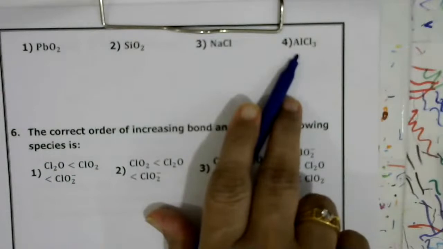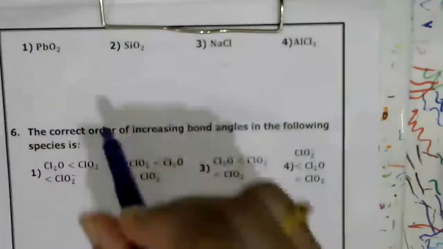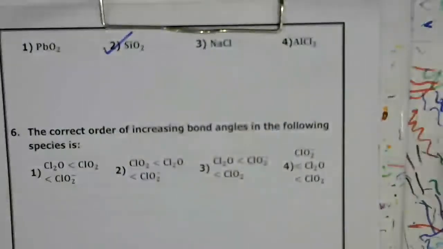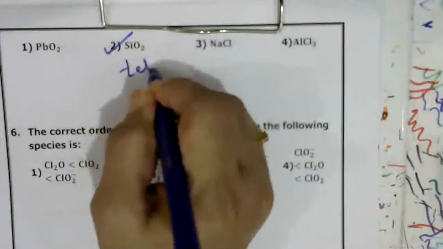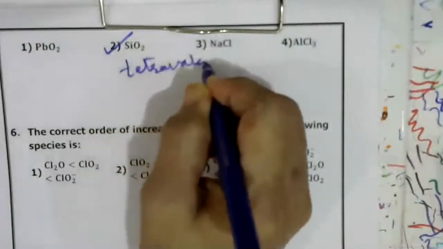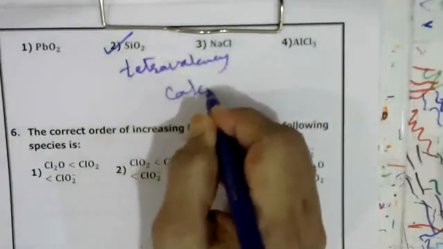We know very well that AlCl3 has the character to undergo dimerization. But remember one thing, in case of the p block elements we have studied, carbon, silicon, germanium and all these are having the catenation property, but amongst that carbon is having the highest catenation property. So here amongst all these, silica will form a giant molecule due to tetravalency and catenation character.